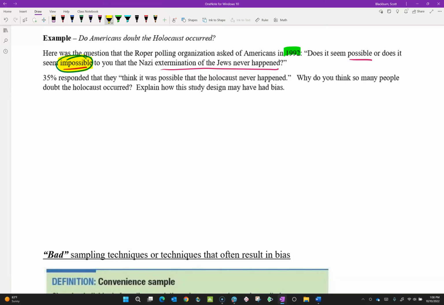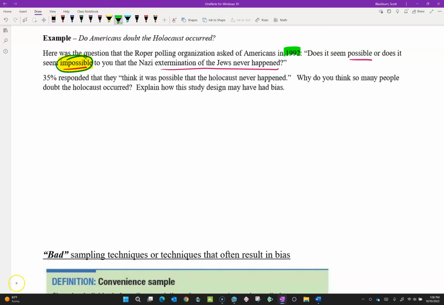Do I believe the extermination of Jews happened? Yes. Do I believe there's some kind of 1 in a billion possibility that it was fabricated? Some people might answer it's possible because nothing is ever impossible. I think that's a little bit of a weird interpretation, but every year some kids say it, so perhaps some people answered it for that reason.